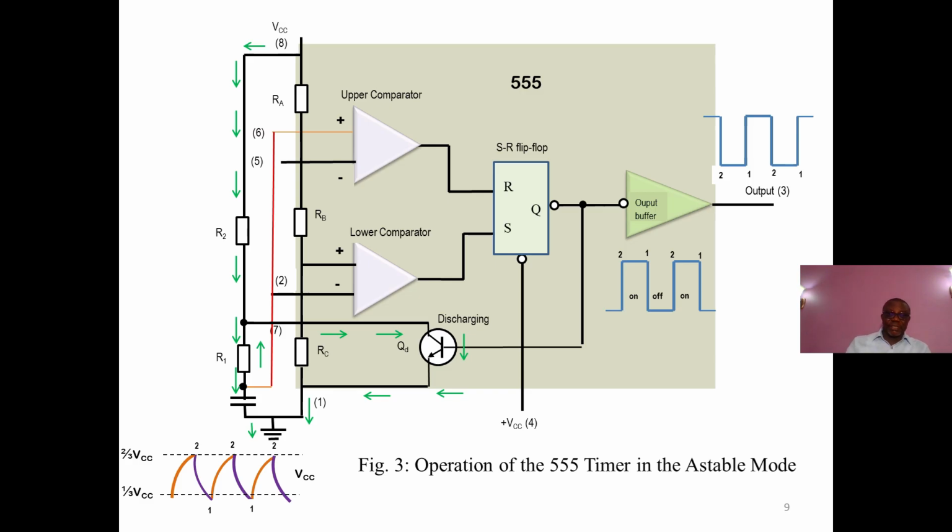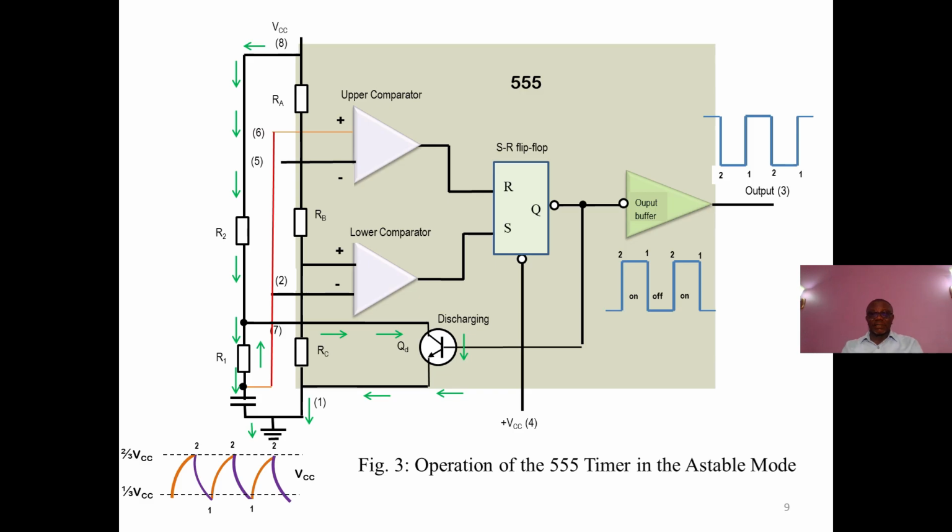At the point where this capacitor discharges to 1/3 VCC, the lower comparator switches high, setting the flip-flop, which makes the base of Q4, which is QD, the transistor, turn off the transistor. Then another charging cycle begins, and the entire process repeats itself.